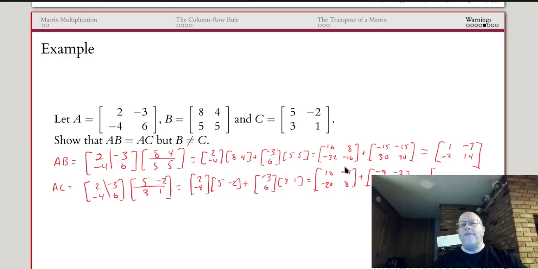And when we add these together, 10 and -9 is 1. -4 and -3 is -7. -20 and 18 is -2. And 8 plus 6 is 14. We get the same total, but we get it in two different ways.